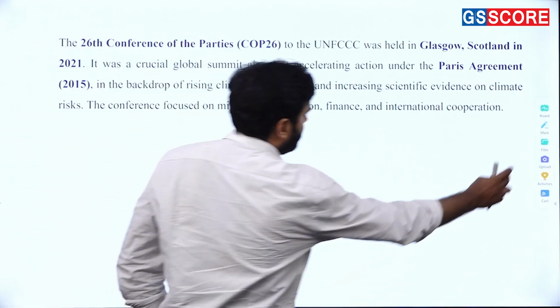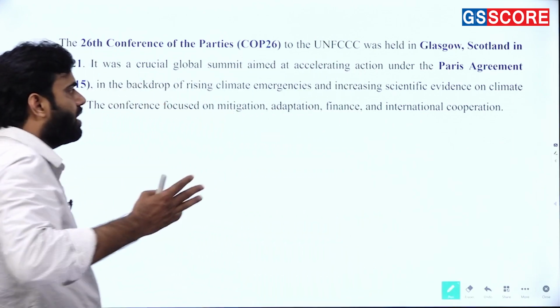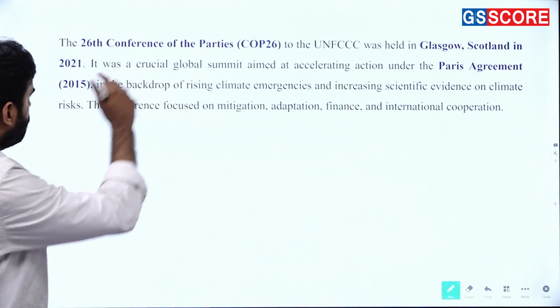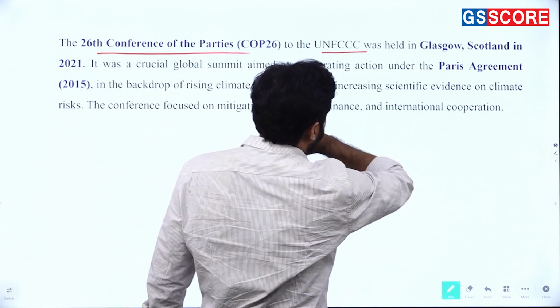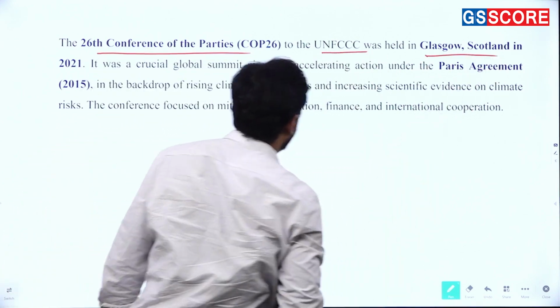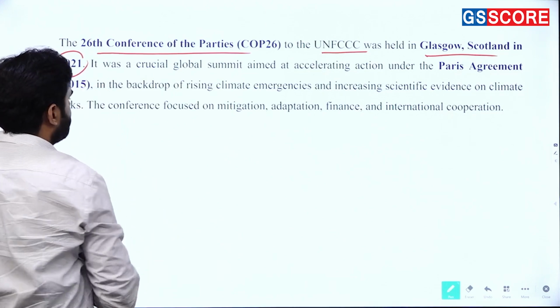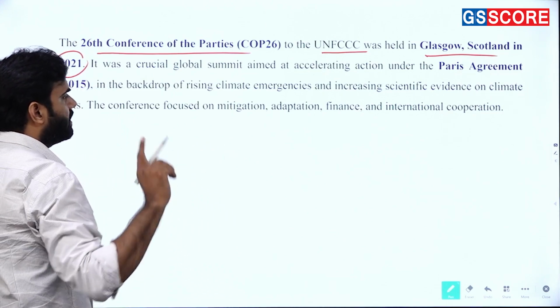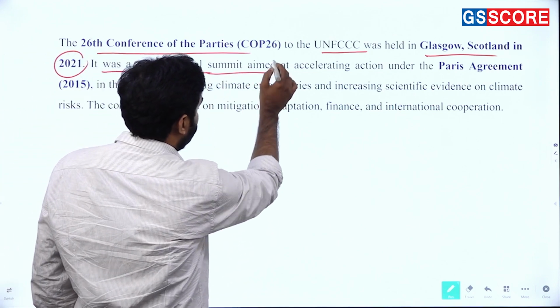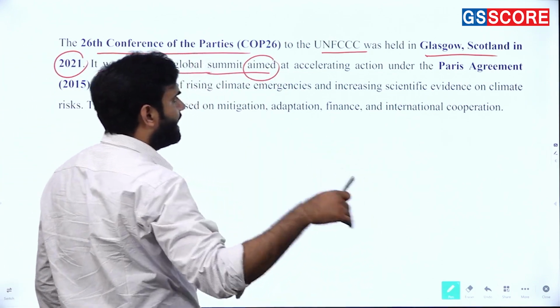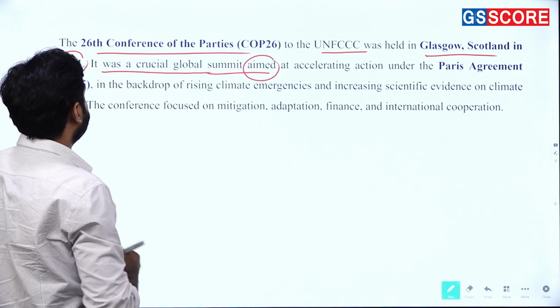So you will find this is a hardly four-line introduction. The Conference of Parties to the UNFCCC held in Glasgow, Scotland in 2021. I mentioned the location in the first line. It was a crucial global summit aimed at accelerating action under the Paris Agreement.